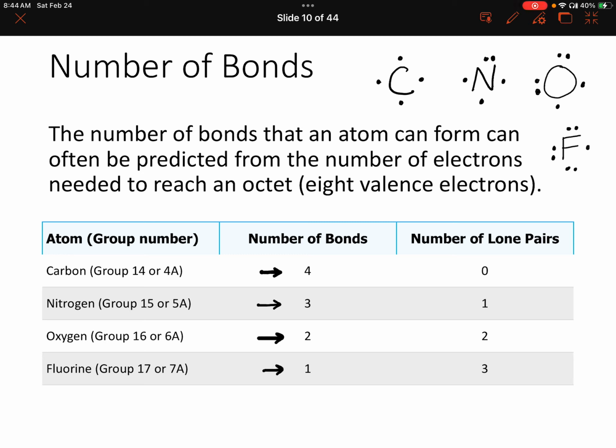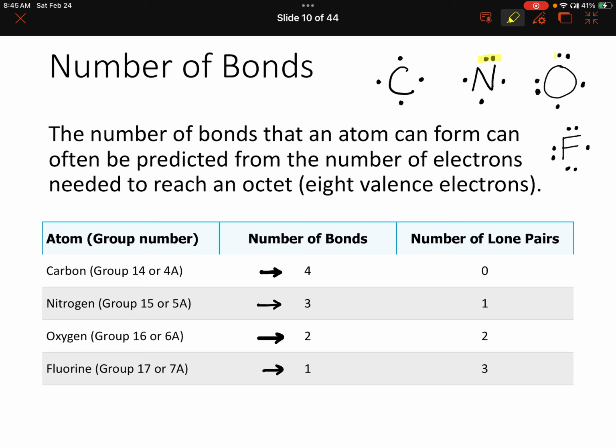And then in the last column of this table, we can see the number of lone pairs. So carbon doesn't have any pairs of electrons, or lone pairs, right? We also called those non-bonding pairs of electrons. Nitrogen does have 1 lone pair of electrons.